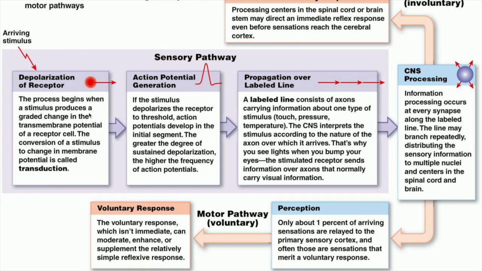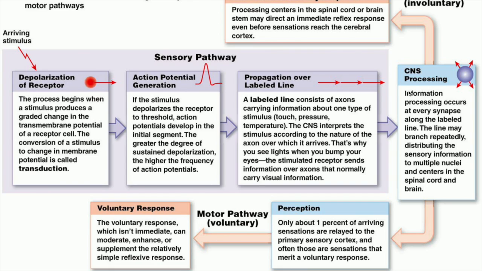And if that electrical signal is strong enough, it may depolarize the receptor to a threshold, and at threshold an action potential will be generated. That action potential is going to travel over a labeled line, and that labeled line is specific for one type of stimulus, such as light.